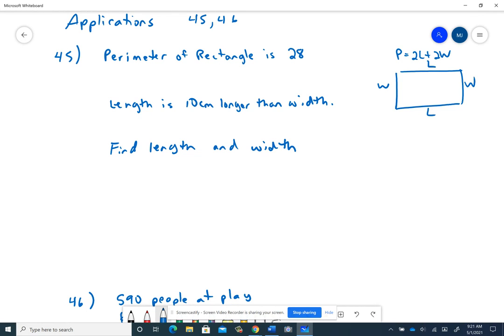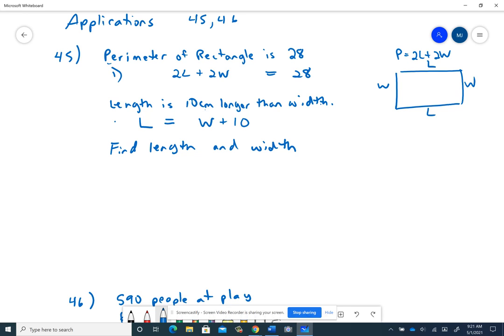So if the perimeter is 28, we know that 2L plus 2W has to equal 28. And if the length is 10 centimeters longer than the width W, that would be W plus 10.